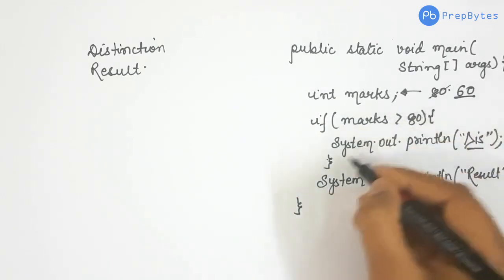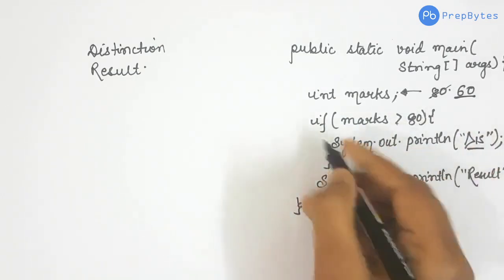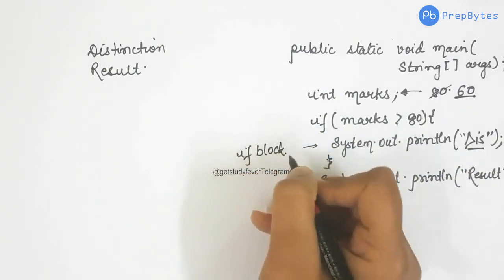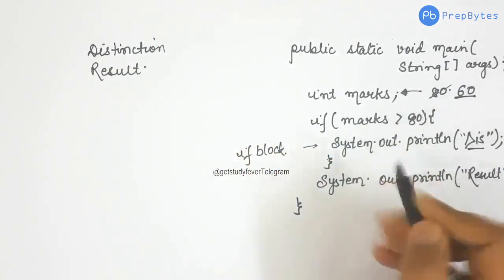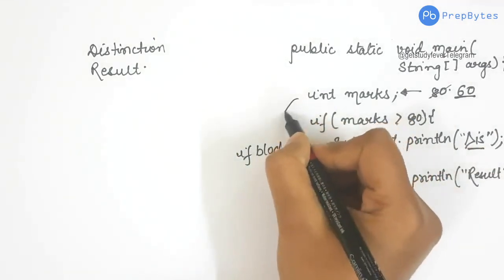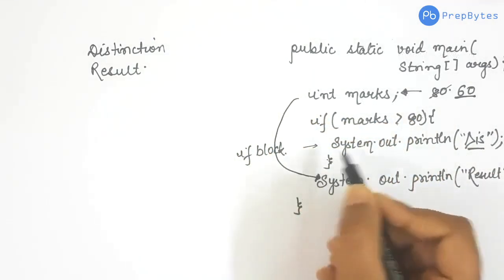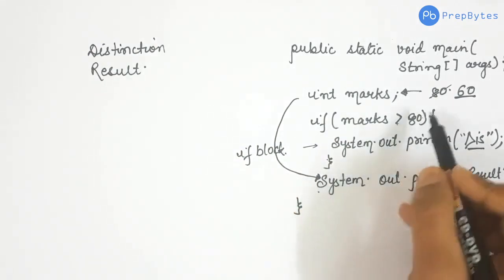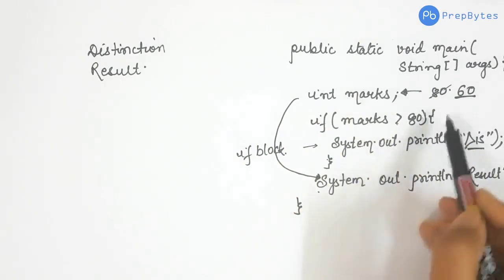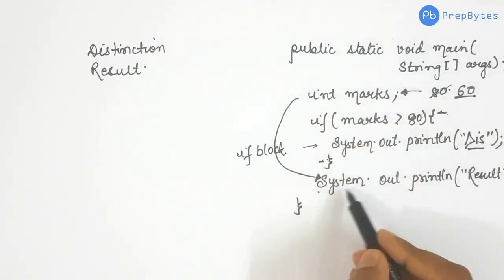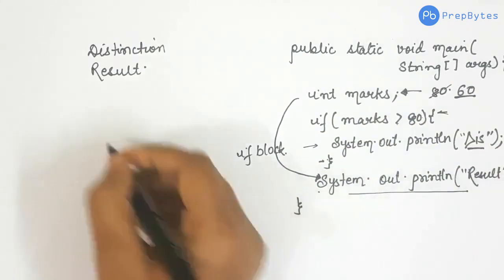Hence, whatever is inside this if block does not get executed, and the control directly comes to whatever is after the if block. So in case marks is not greater than 80, this block will be skipped and only result will get printed.